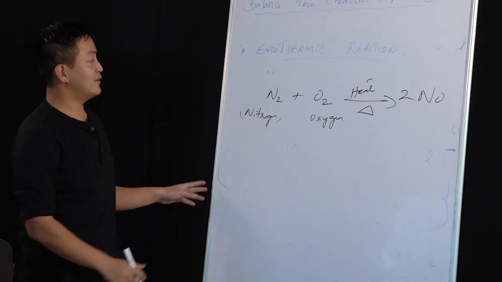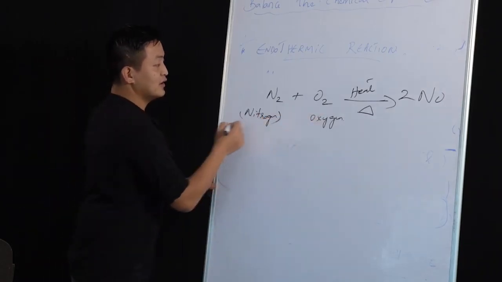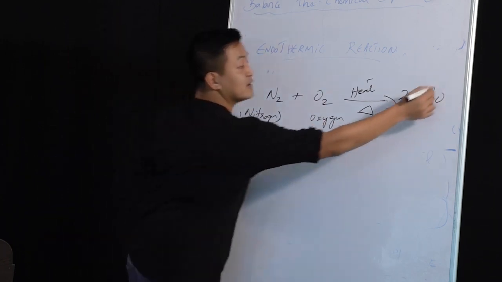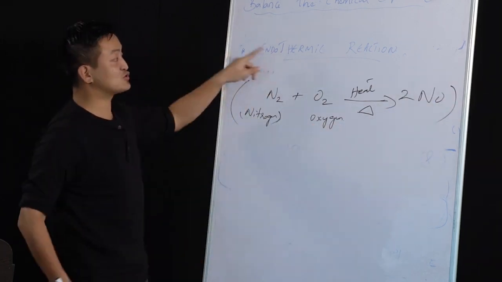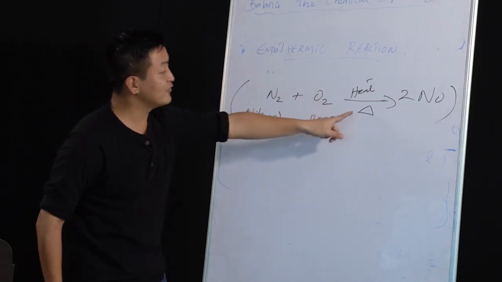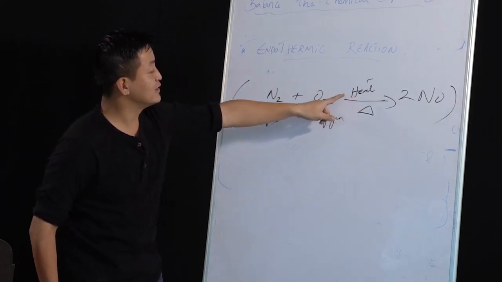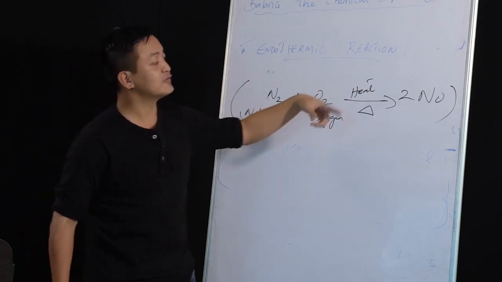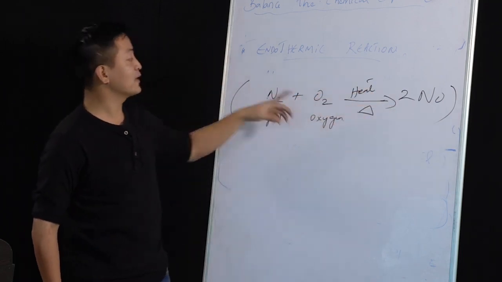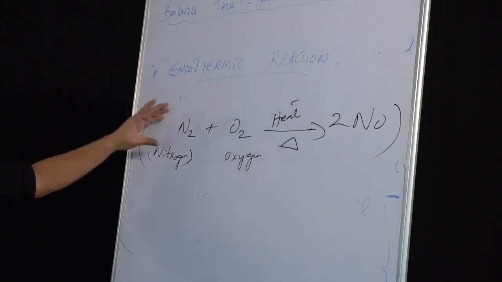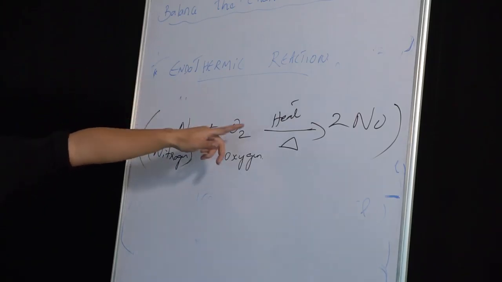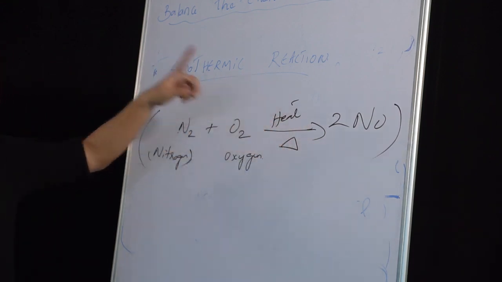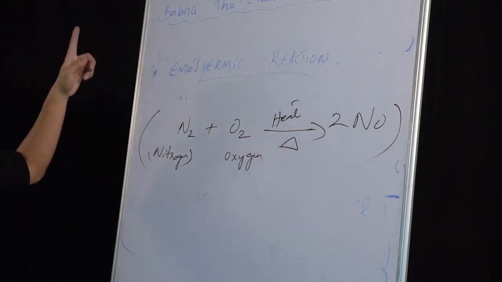So this is a balanced chemical equation. The given equation here is an example of an endothermic reaction because I have written heat here. This nitrogen and oxygen are absorbing heat to give nitrogen oxide. Clear? Let me repeat it. Nitrogen and oxygen are absorbing heat to give nitrogen oxide. So that means this is an endothermic reaction.